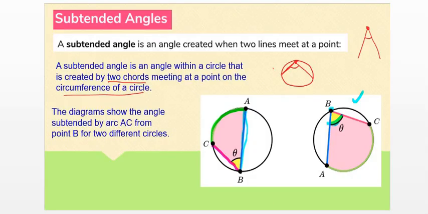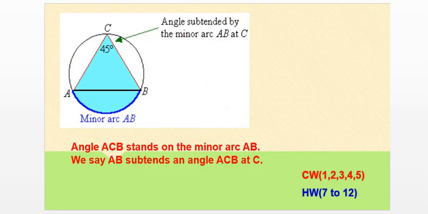Okay, so let me explain a little bit more here. Angle subtended by the minor arc AB at C. How do we read it? We say this angle C, the angle subtended by the minor arc AB at C. One way to read it is: angle ACB stands on the minor arc AB.